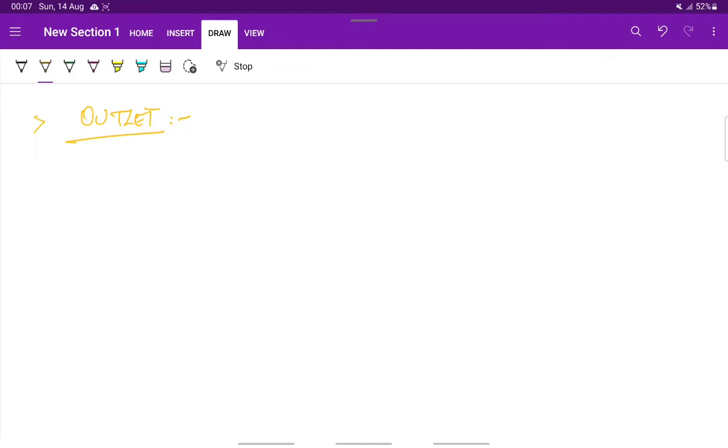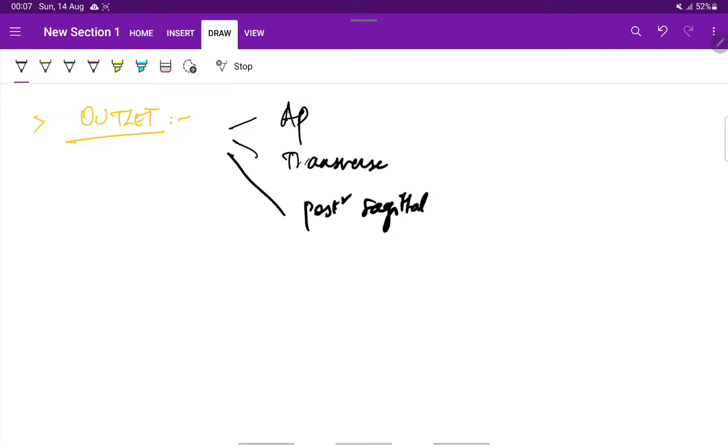In the outlet, we again see three diameters: the anteroposterior diameter, the transverse diameter, and the posterior sagittal diameter. The anteroposterior diameter here ranges from 9.5 to 11.5 centimeters. The transverse diameter is around 11 centimeters.